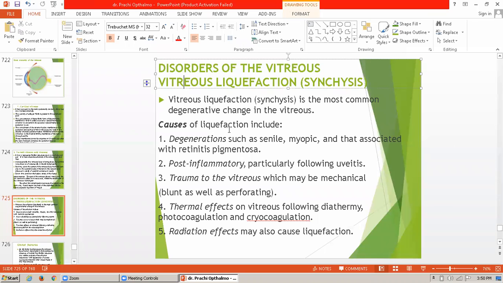Vitreous liquefaction, that is synchysis, is the most common degenerative change in the vitreous. Causes of liquefaction include degeneration, such as senile, myopic, and that associated with retinitis pigmentosa.